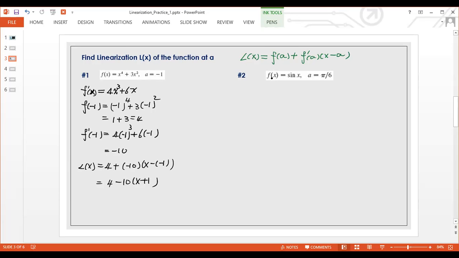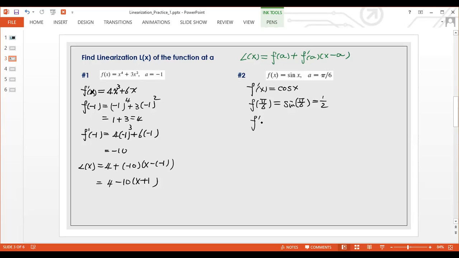Let's take a look at this one, sine x. Same thing, follow the steps. We take a look at f prime(x). What is the derivative of sine x? It's cosine x, right? Then we plug in our a value, which is pi over 6. Sine of pi over 6, which is 30 degrees, is 1/2.